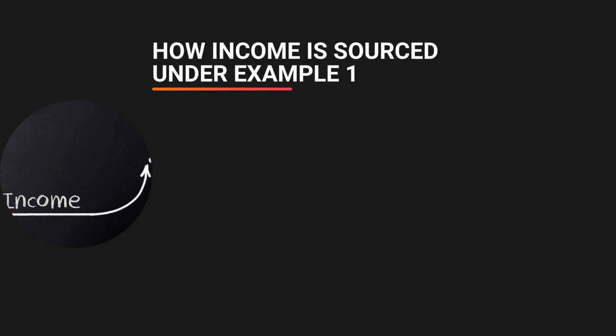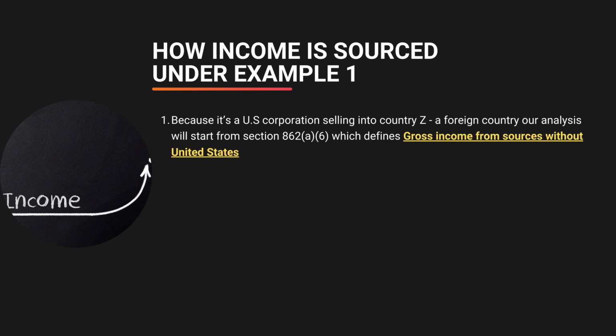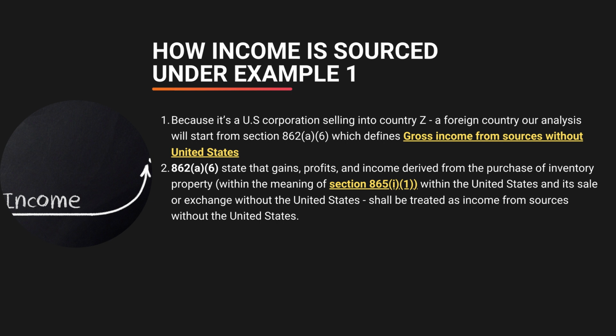Let's look at how the income is sourced under the example 1 we provided. Because this is a U.S. corporation selling into country Z, a foreign country, our analysis will start from section 862(a)(6), which defines gross income from foreign sources outside the United States. And section (a)(6) specifically talks about inventory, the sale of inventory.